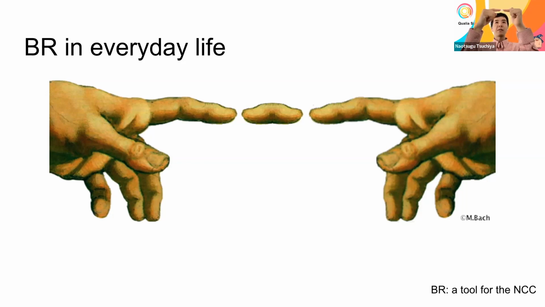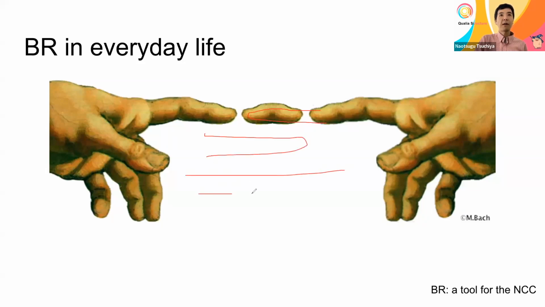If you do this for a while, you probably start to notice that the finger is connected to this finger but separated from here, or connected to this finger, or both fingers get connected at one time.